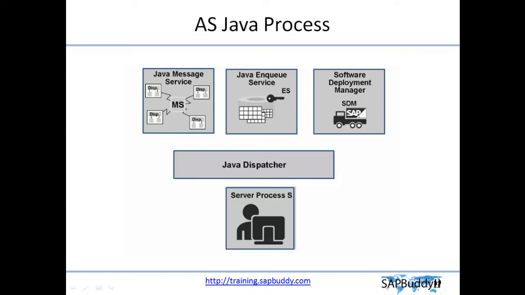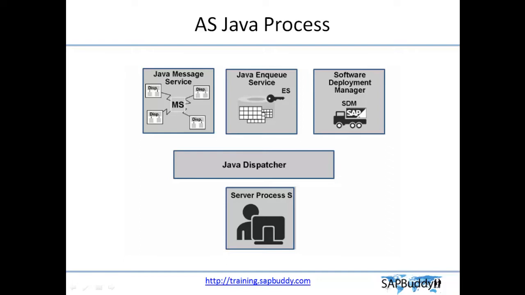A server process can generally execute a large number of requests in parallel, that is, every server process is a multi-threaded process. The dispatcher can have a maximum of 16 server processes. However, you should have a minimum of one server process per dispatcher.